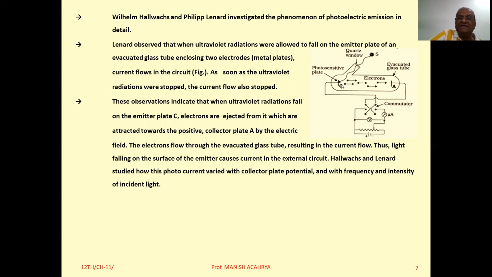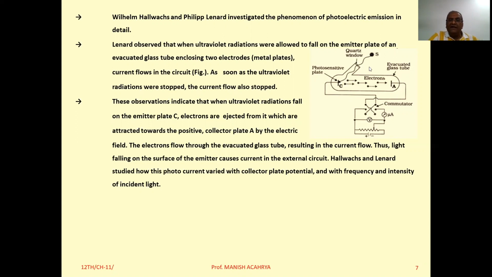So we can say that when light is incident on this particular surface, electrons are emitted from it. If this light is stopped, then this current becomes zero.